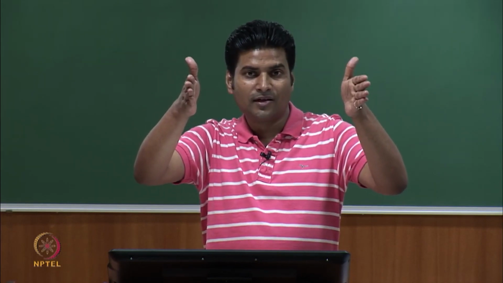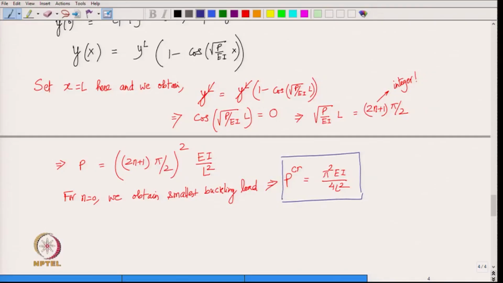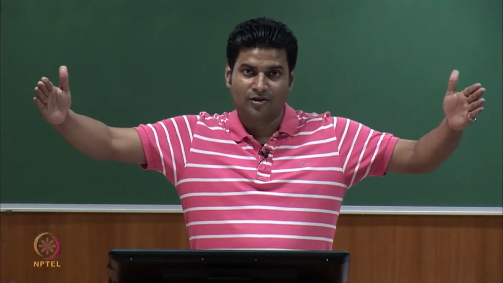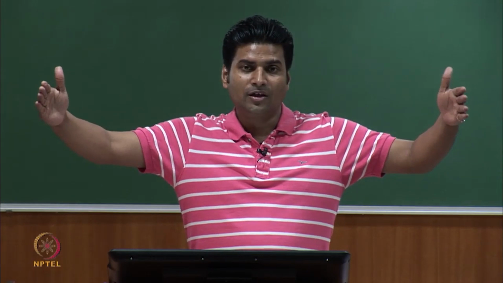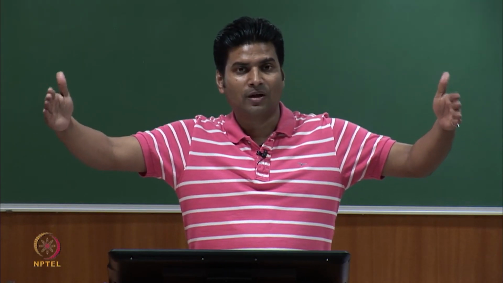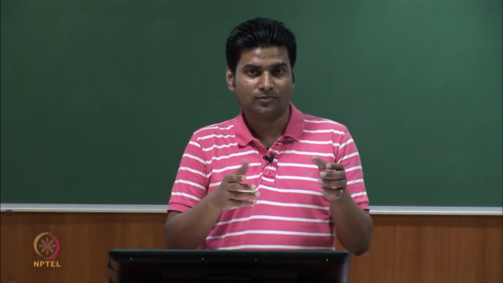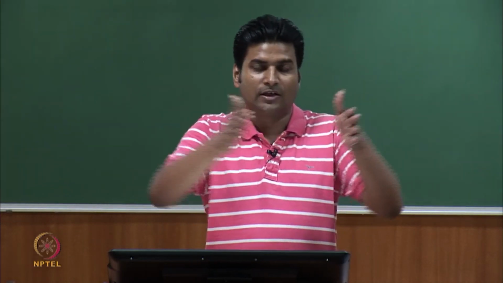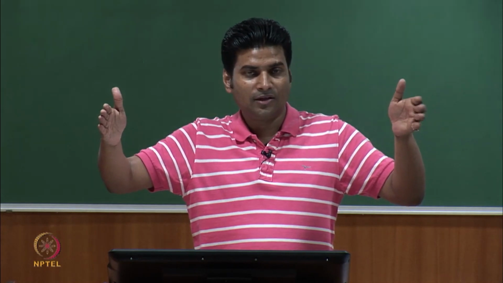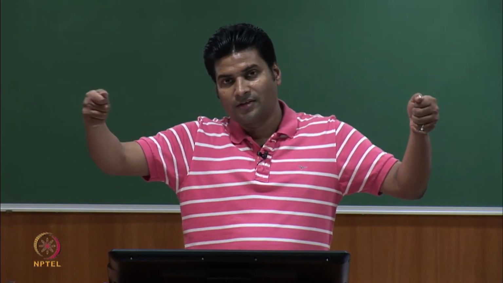All right. And you see this number is proportional to E I, but inversely proportional to square of length. So, if you have a longer beam, you require less force to buckle it. And you can again do that experiment with the stick of your broom. Take a shorter stick, take a longer stick, hold it at one end and push it from the other end.